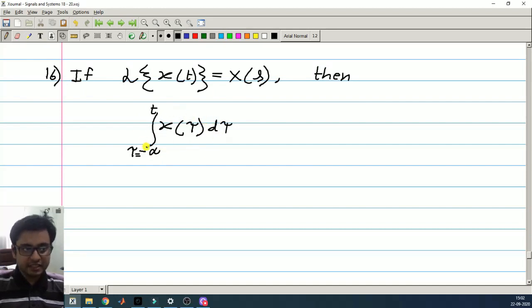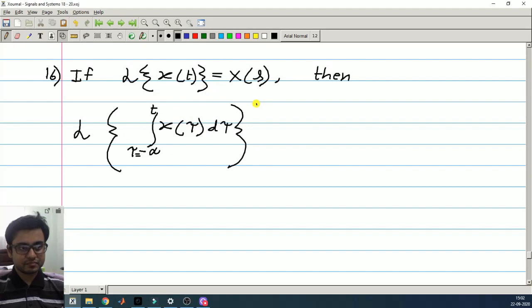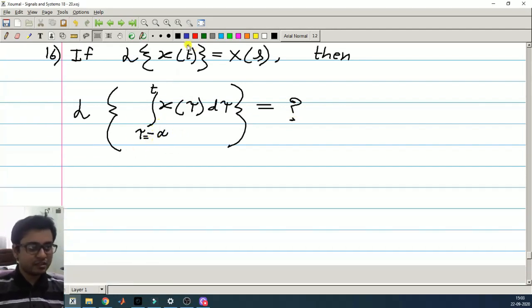This is the integration of x(t), and we want to calculate Laplace transform of this, that is integration of x(t). What will be this? It is very simple to find out.